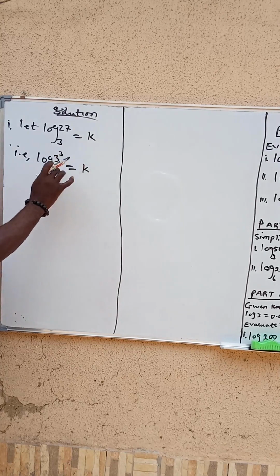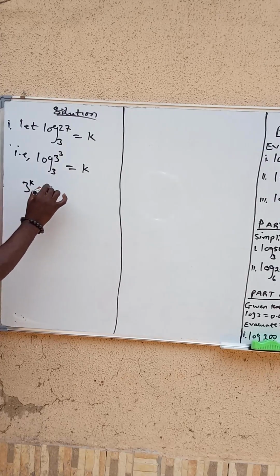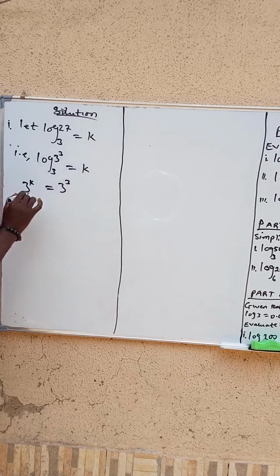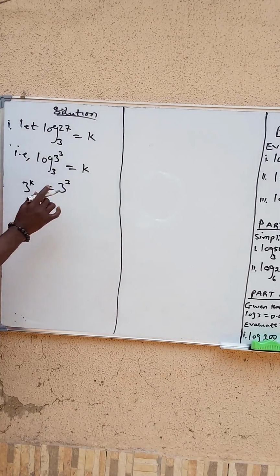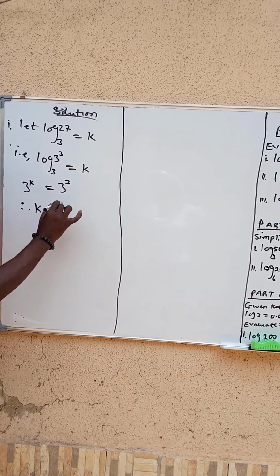Now I can work directly based on the definition of indices and logarithm relationship that 3 raised to the power of k is equal to 3 raised to the power of 3. Since the bases are the same, I will equate the power. Therefore, k is equal to 3.